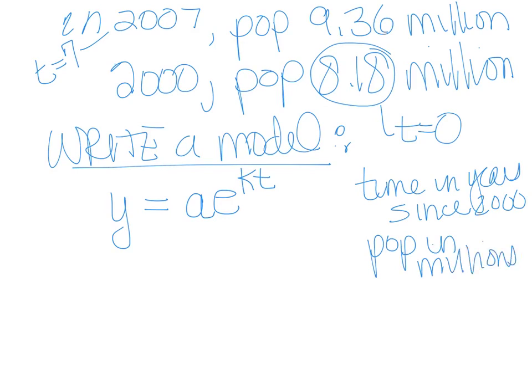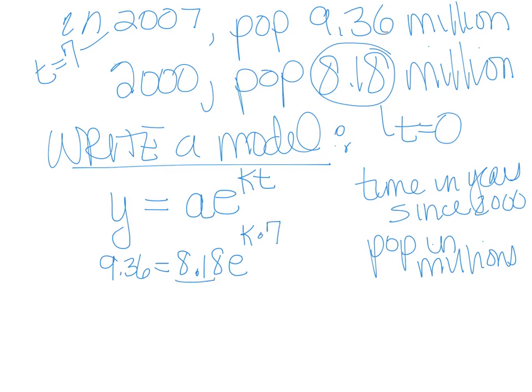So let's go ahead and write the final population of 9.36 is equal to the initial population, 8.18, e to the k is unknown, but the time has been 7 years.